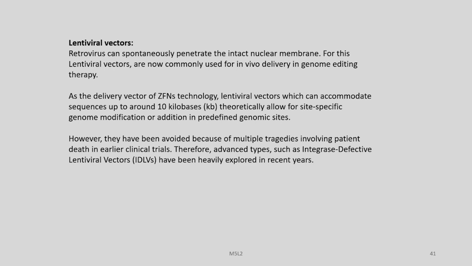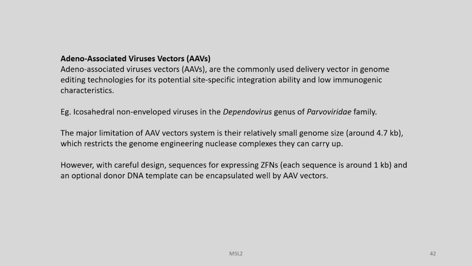However, they have been avoided because of multiple tragedies involving patient death in earlier clinical trials. Therefore, advanced types such as integrase defective lentiviral vectors have been heavily explored in recent years.